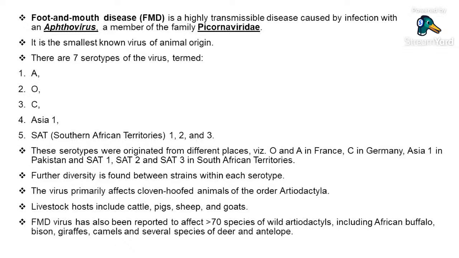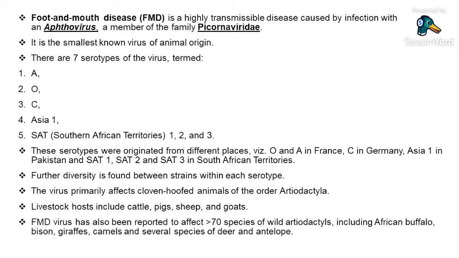Next is the definition. Foot and mouth disease is a highly transmissible disease which is caused by infection with a virus of the family Picornaviridae and genus Aphthovirus.